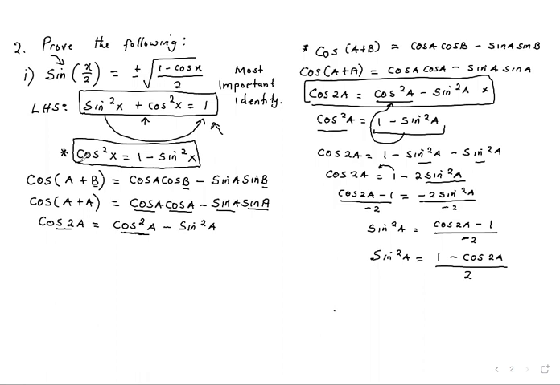So where there is cos squared, if you wrote 1 minus sine squared, you have not changed anything because they are equal. So where there is cos squared A here, we write its equivalent, 1 minus sine squared A. But we also have a minus sign, so we put minus sine squared A. Any questions this far?